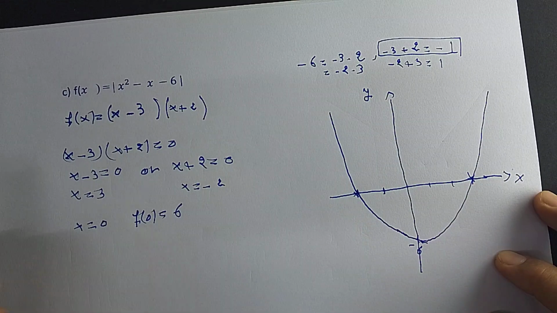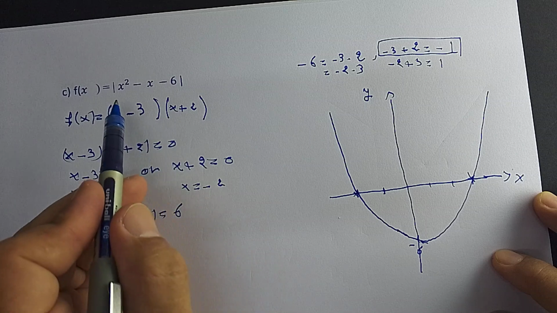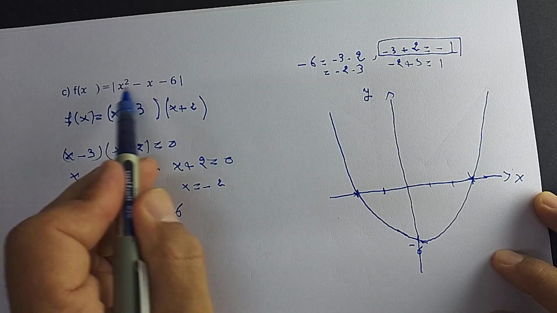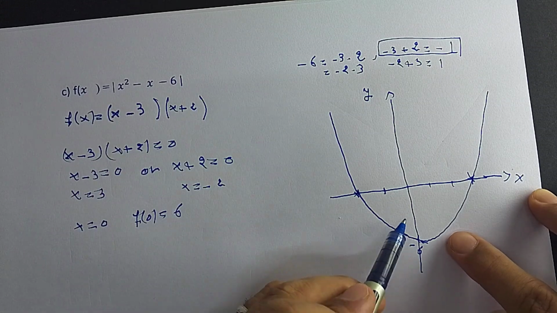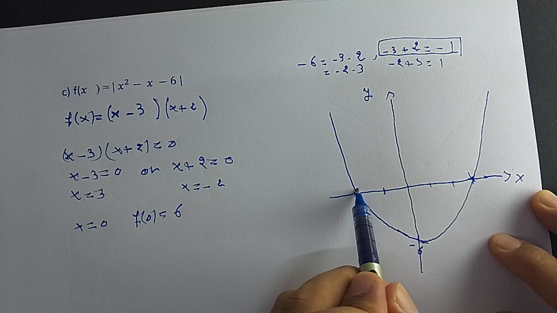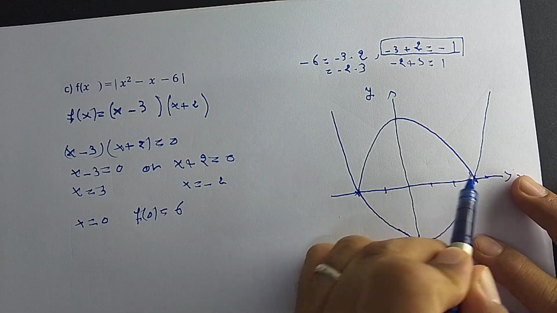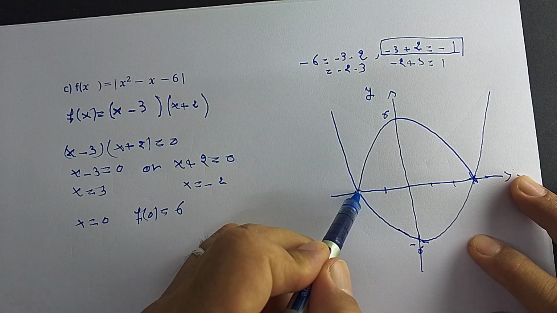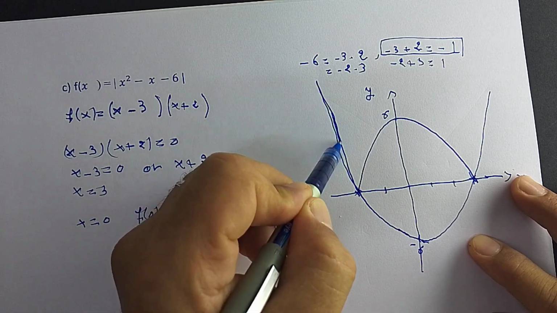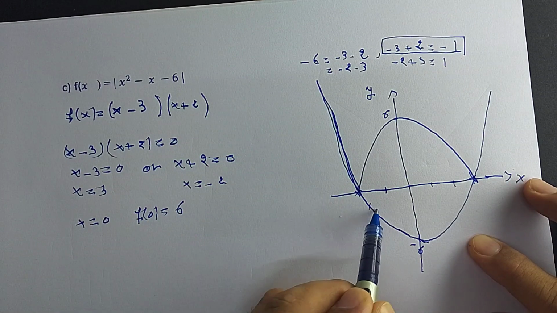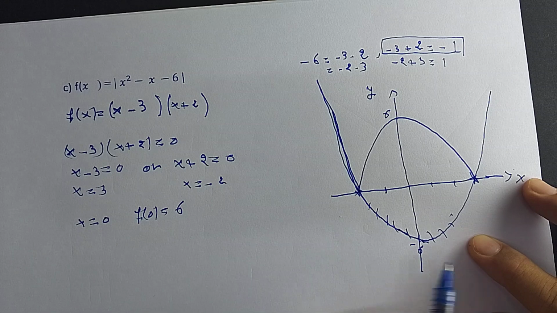With the absolute value, this part becomes positive and changes to 6 here. The negative part is not included in our graph.